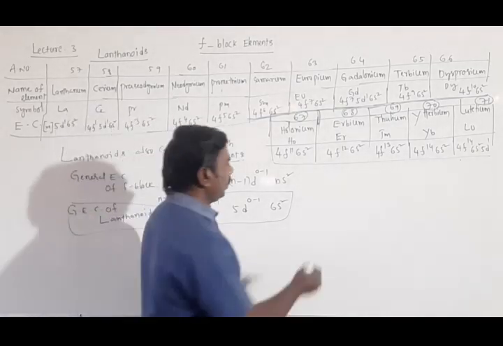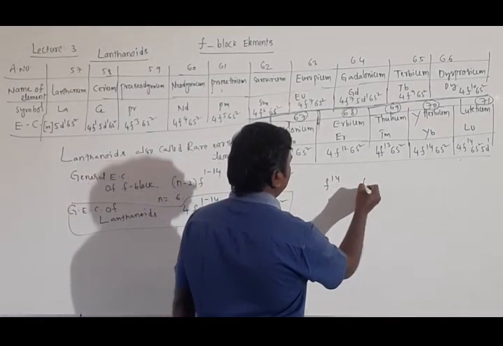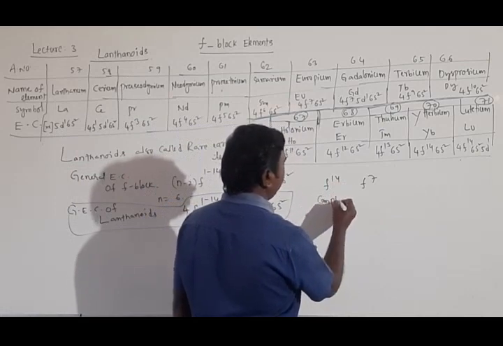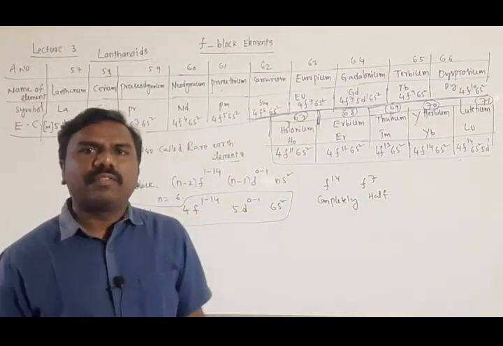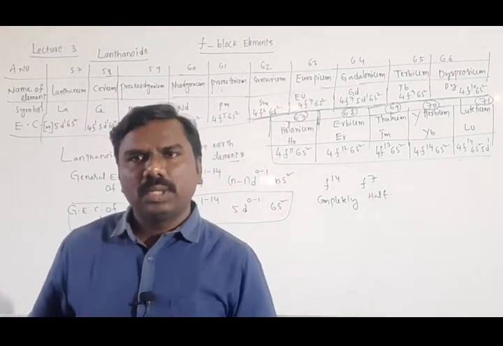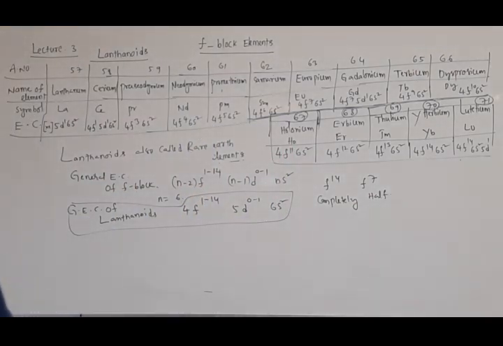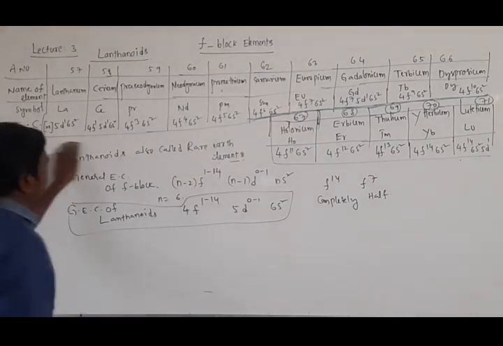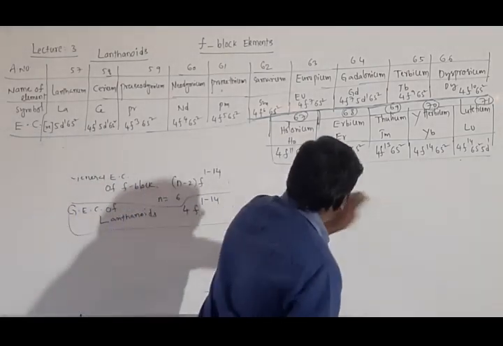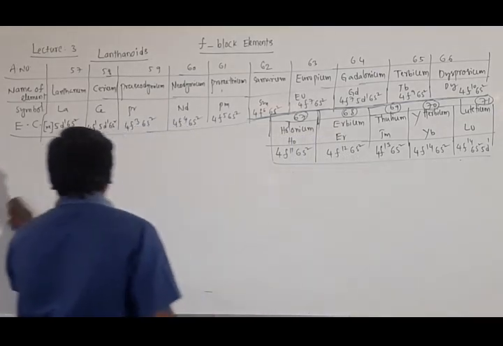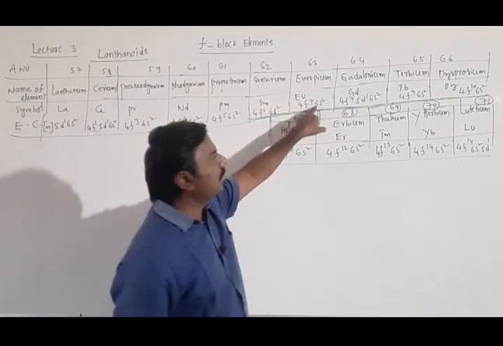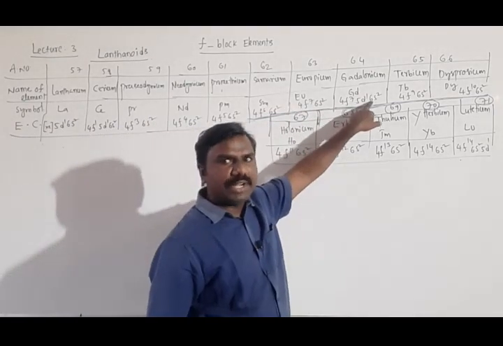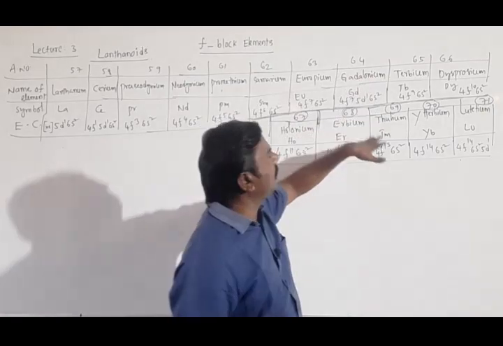Stable means f14 is stable and f7 is also stable. One is a completely filled configuration, the other is a half filled configuration. Completely and half filled configurations are more stable, as we know. Now, the stable configurations among the lanthanoids, I am telling you now: 4f7 6s2 is stable, and here 5d1 is also there, leave it, 4f7 is stable.